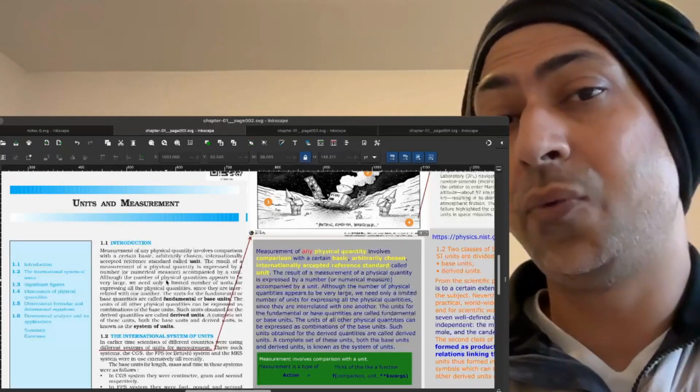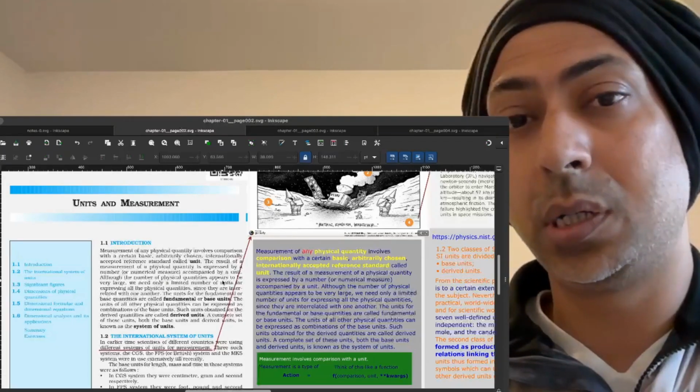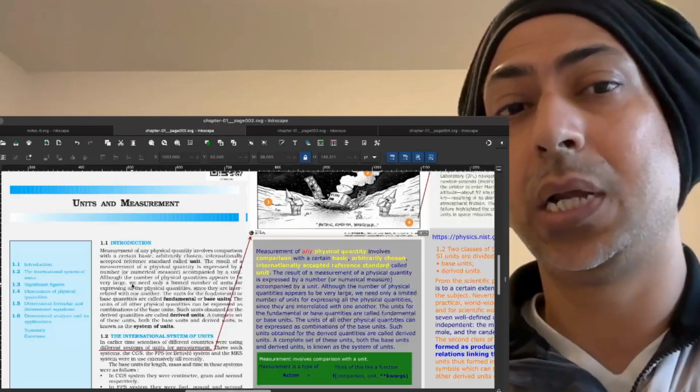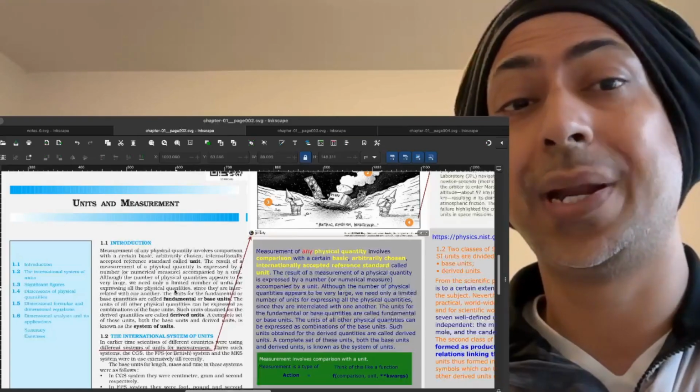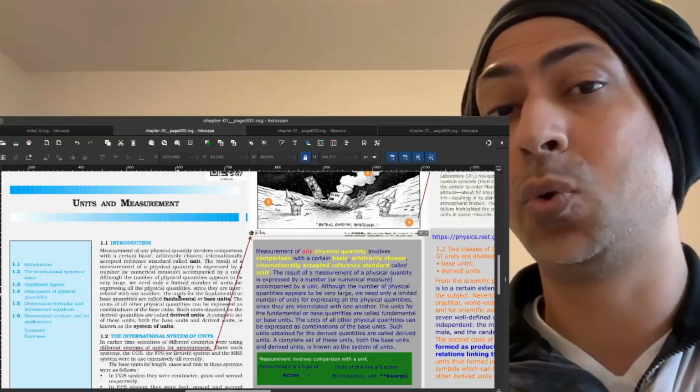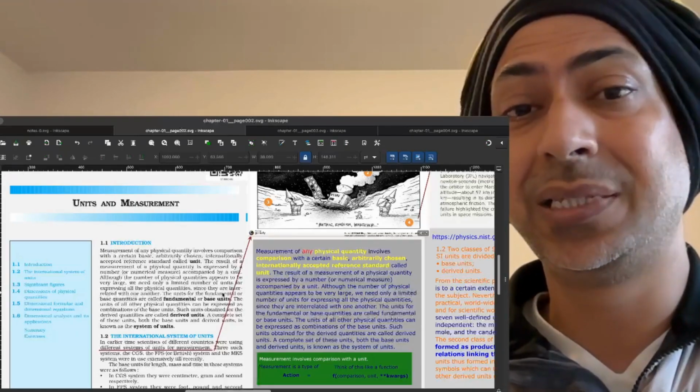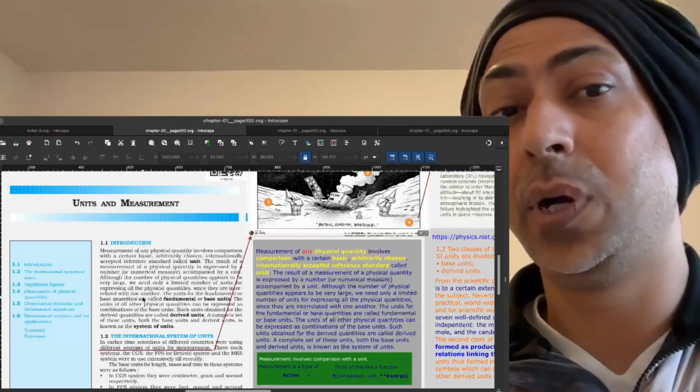Although the number of physical quantities appears to be very large, we need only a limited number of units for expressing all the physical quantities since they are interrelated with one another.